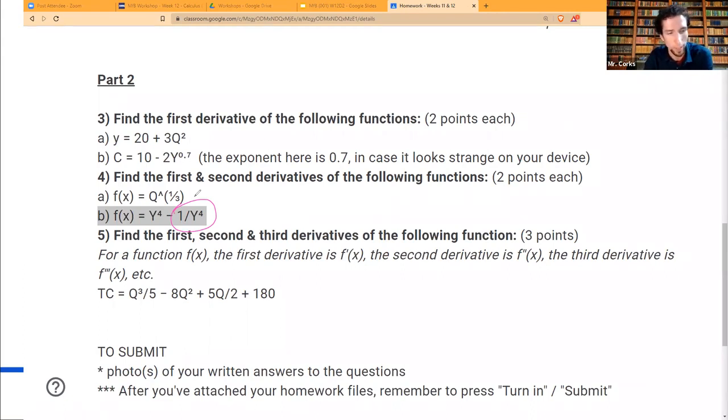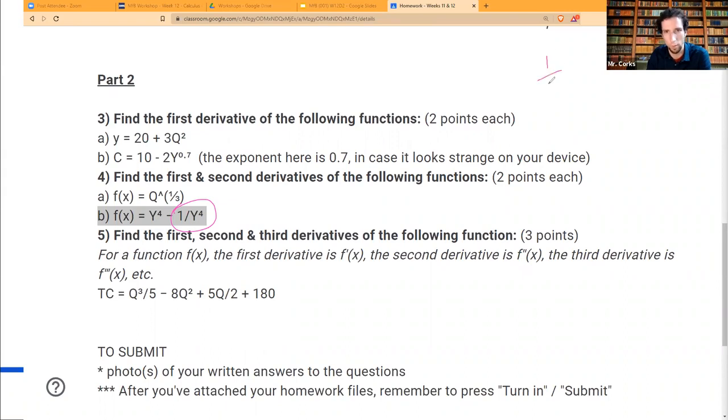You should be able to answer that. Order of operations. Which thing comes first, dividing or exponents? Exponents. Okay, so answer your own question. Is it 1 over y to the exponent 4, or is it 1 over y all to the exponent 4? I think the first one.